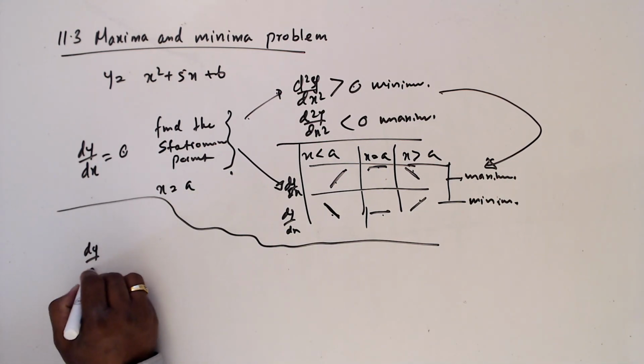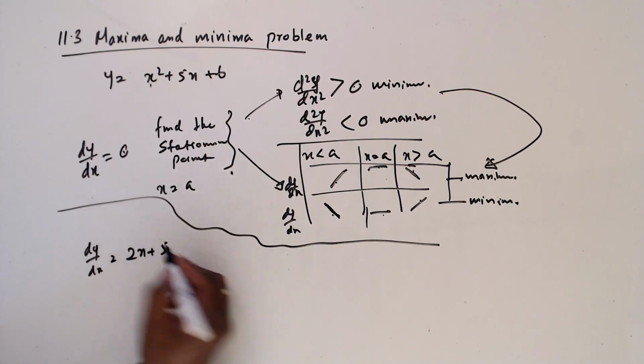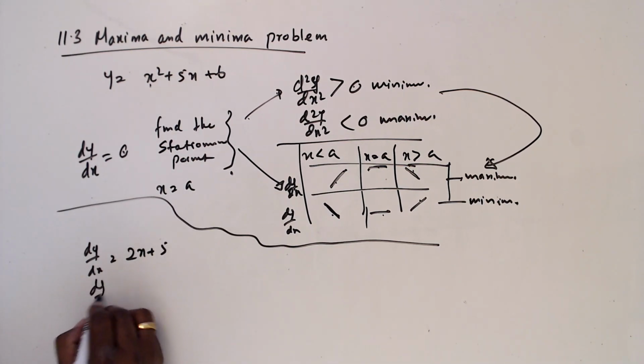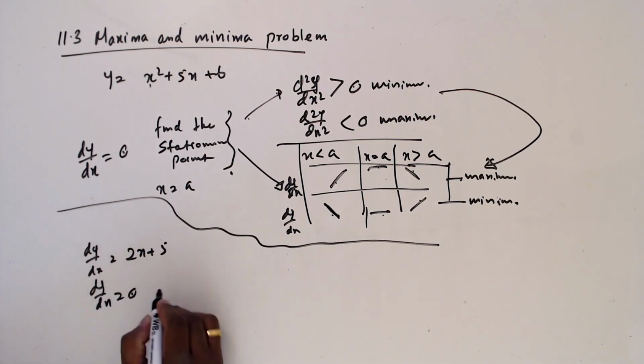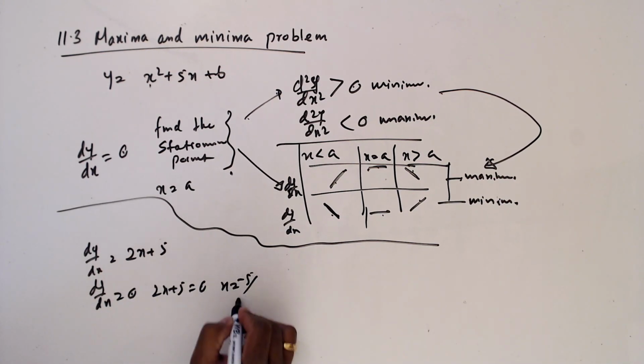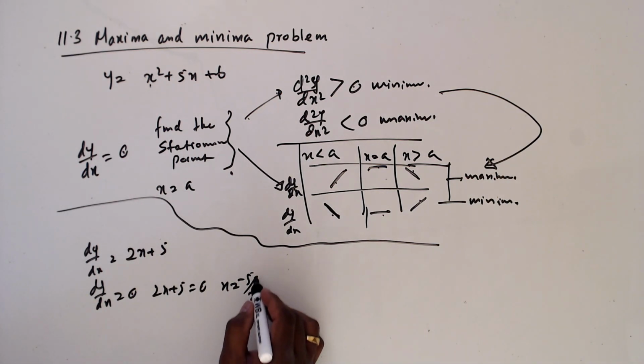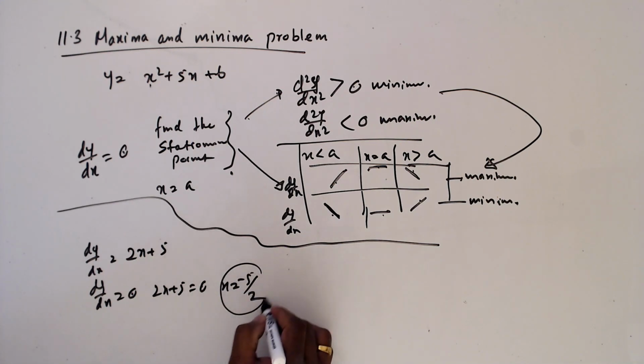dy over dx equals 2x plus 5. Then make it equal to 0, so 2x plus 5 equals 0, and x equals minus 5 divided by 2. Now we need to know whether this value is a minimum or maximum.